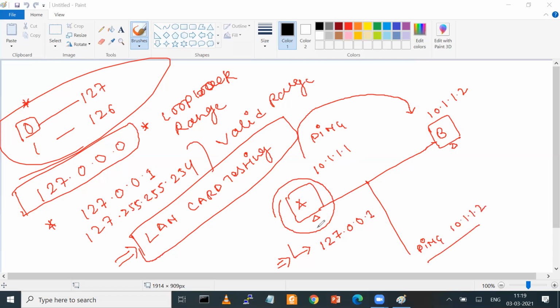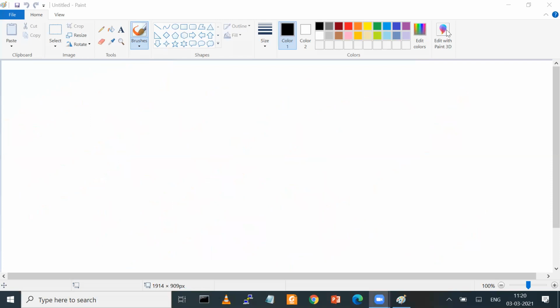In a very similar case, if I want to verify my LAN card, whether my LAN card is working or not, my driver is there or not, if there is any issue regarding the LAN card, you want to get a reply from the 127 range. You can ping any IP in this range, like 127.0.0.1. If you are getting a reply, it means your loopback testing is successful.